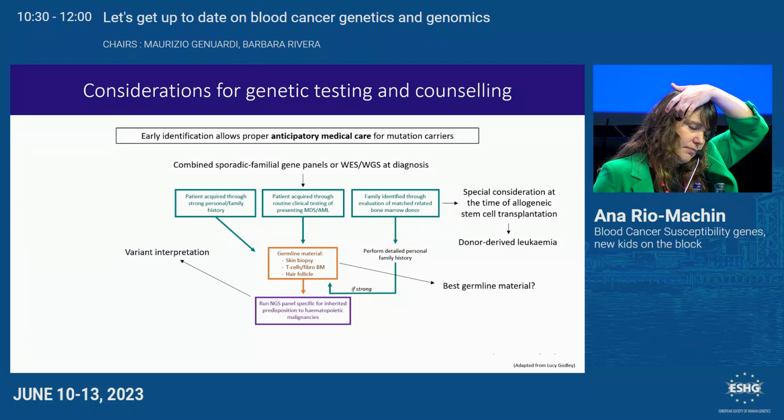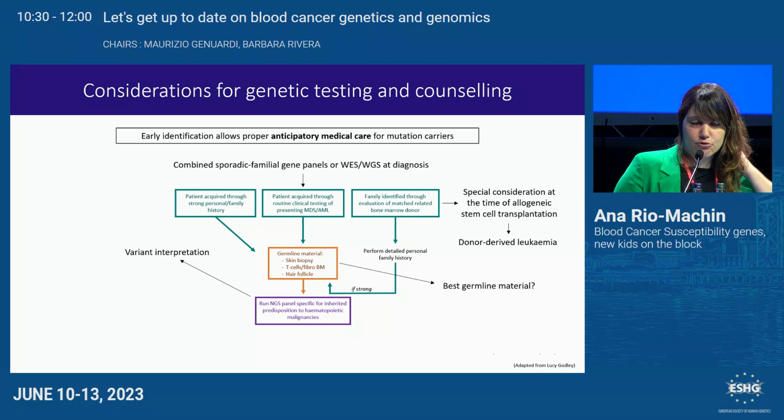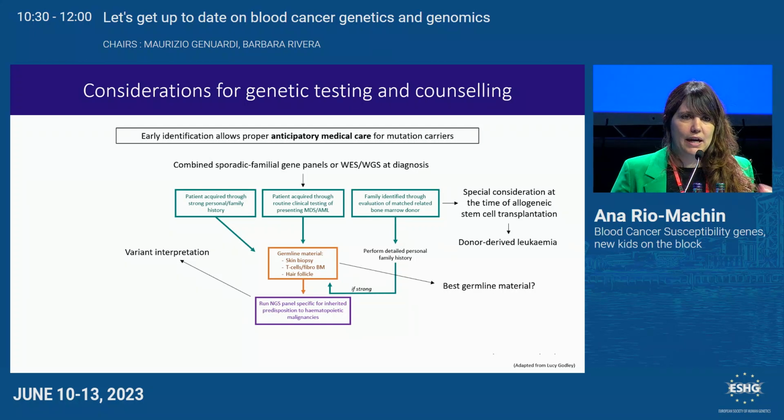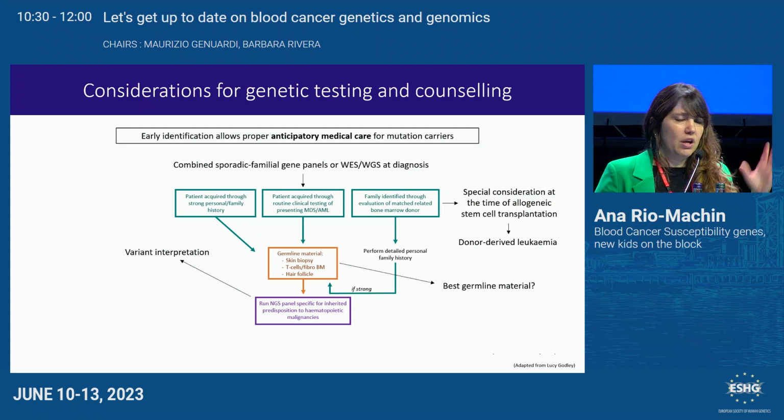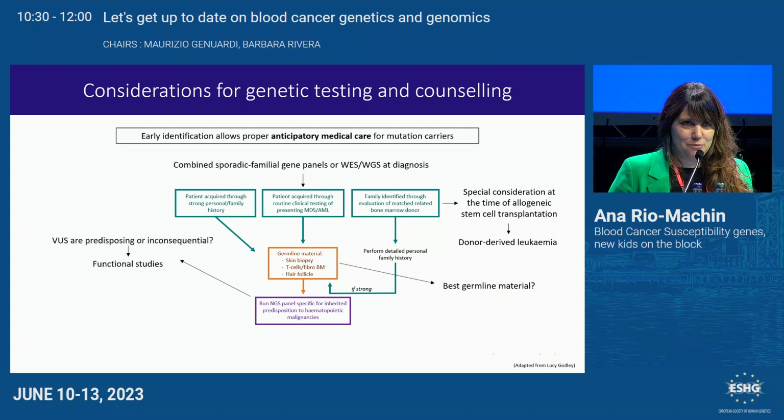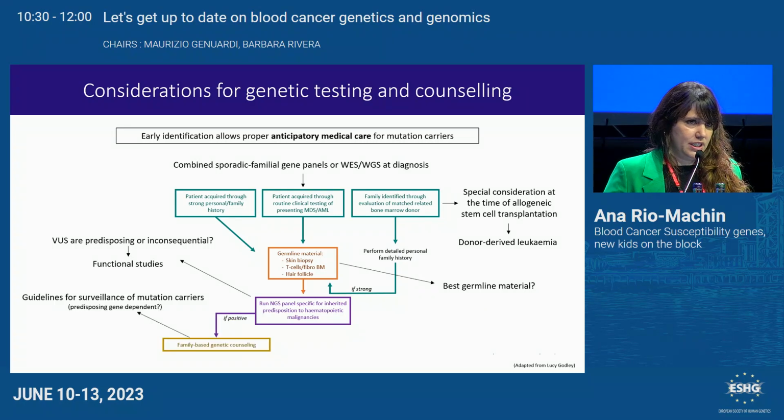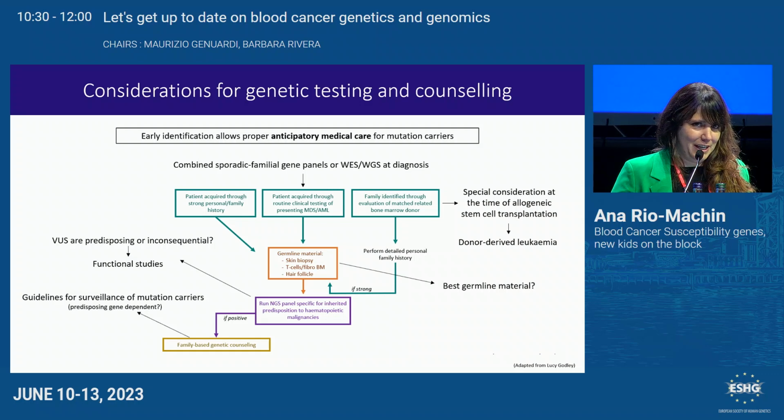So then we have the problem: if we run with the germline material a panel specific for predisposing genes, we have the problem of the variant interpretation that I mentioned before, especially with the VUS. We are working on that, but we need functional studies. If the patient is positive, then we have the problem of this counseling. So we are performing clinical guidelines.